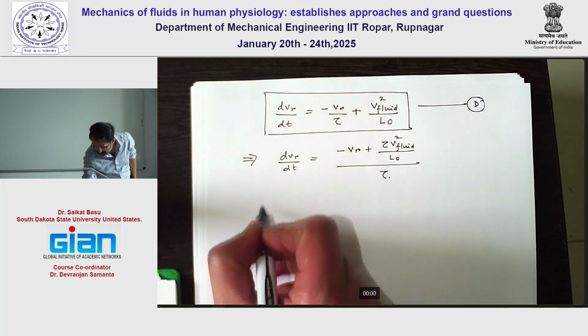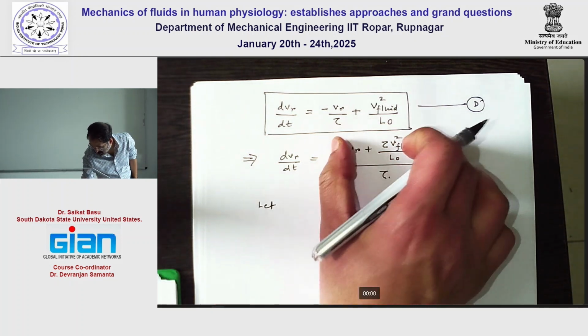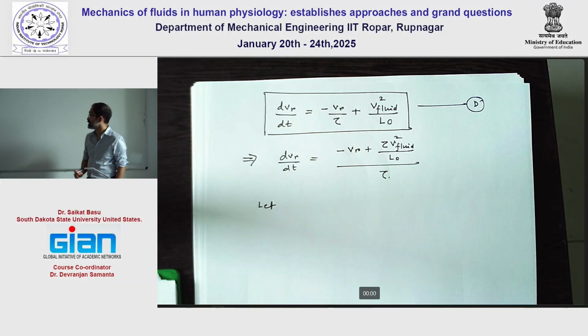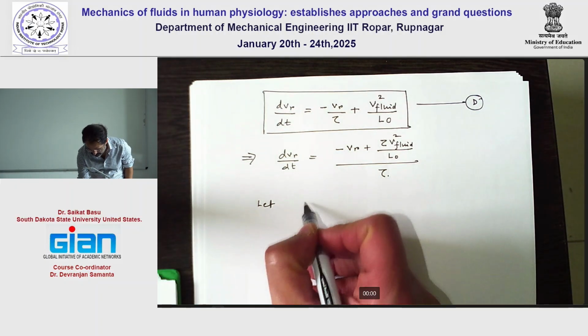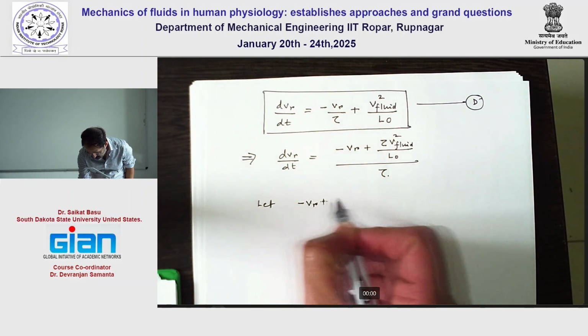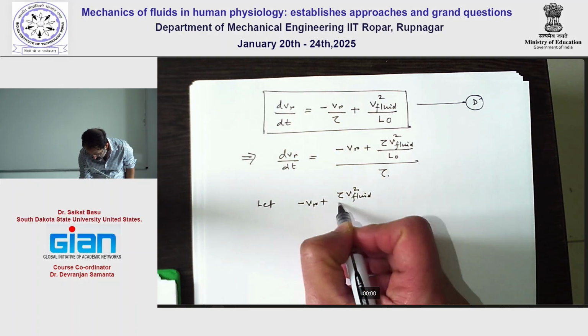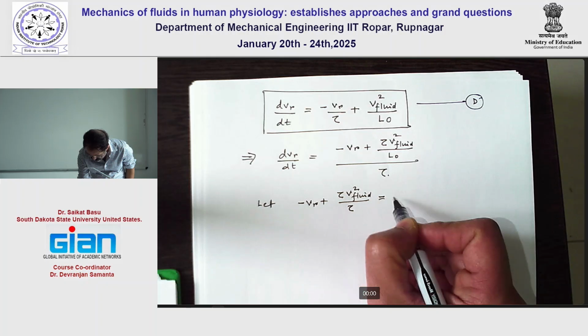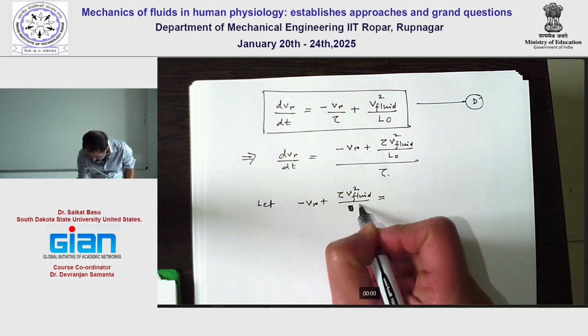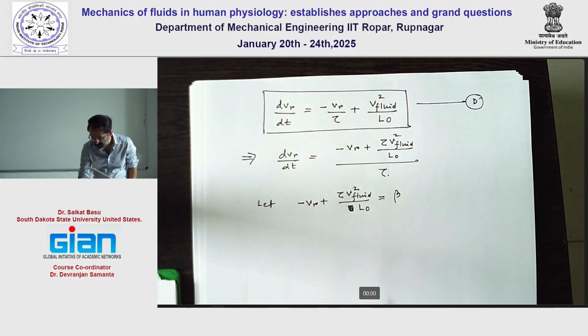So let me replace this numerator with some single term. Minus Vr plus tau V fluid square by L0 is some term beta.